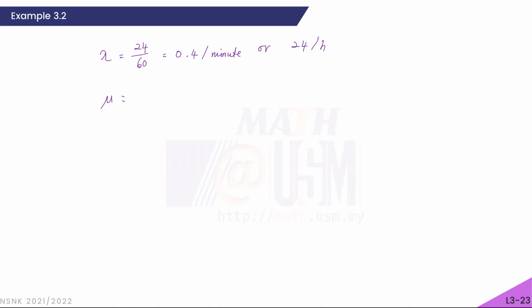So your mean is 1 over mu, so 1 over mu is 1.25. This gives you mu equals 1 over 1.25, which is 0.8 per minute. Next we can calculate our traffic intensity, lambda over mu, which is 0.4 over 0.8, equal to 0.5.